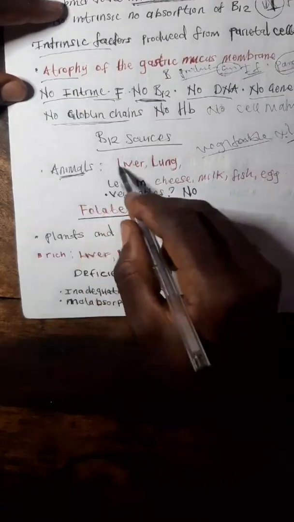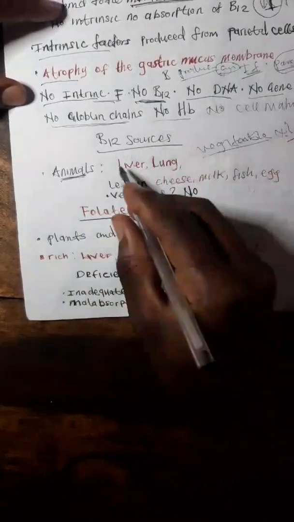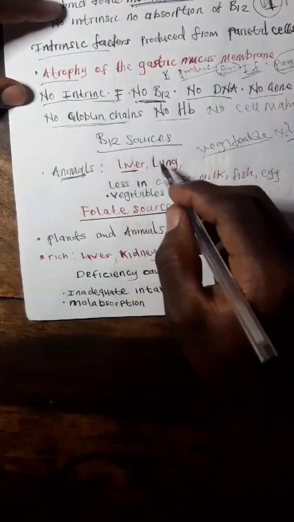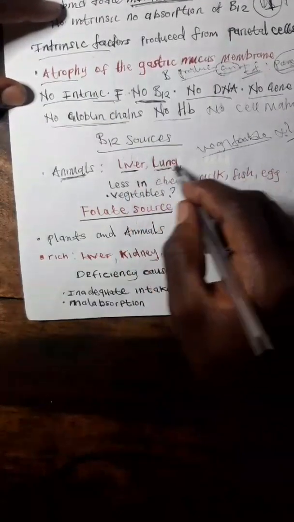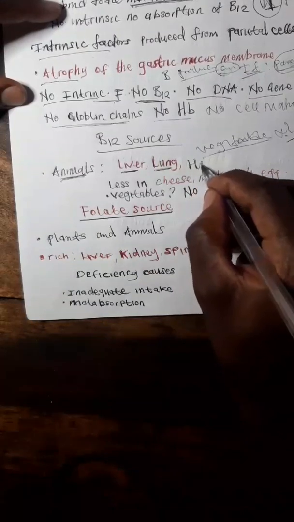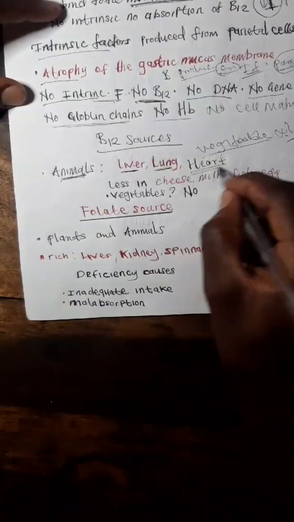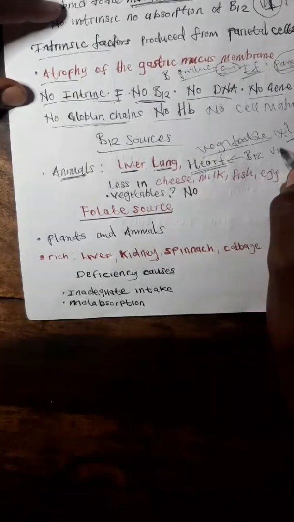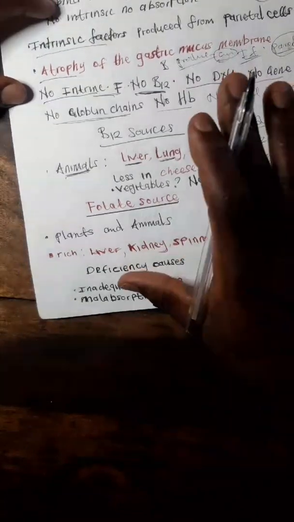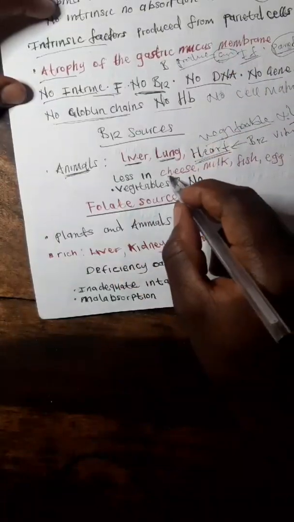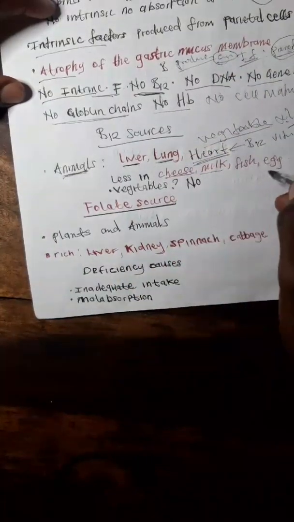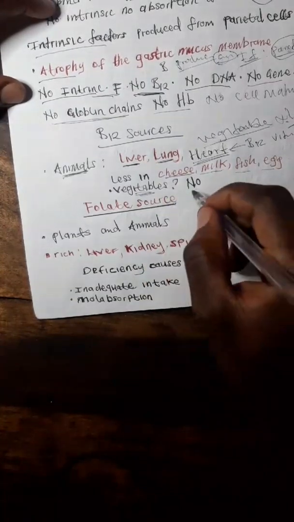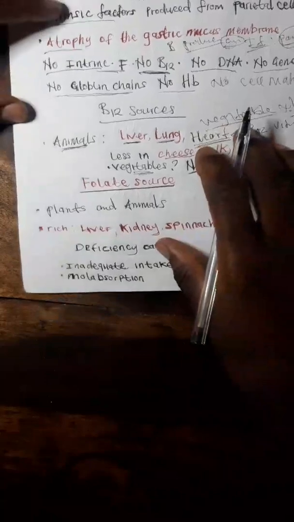So mostly in the liver of animals, and also the lungs and the heart, they are very rich in B12. Less B12 is found in cheese, milk, fish, and also egg. But in vegetables, no, it is not found.